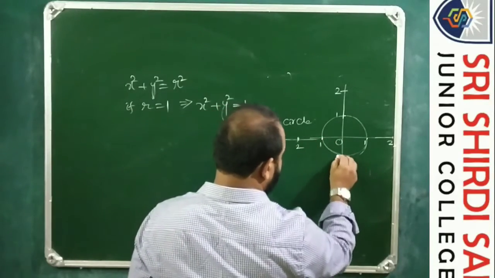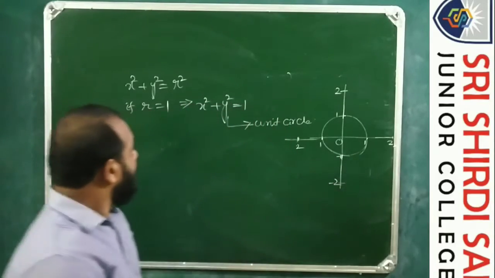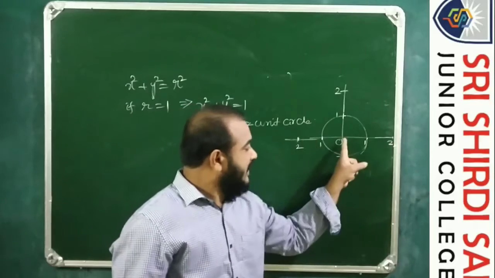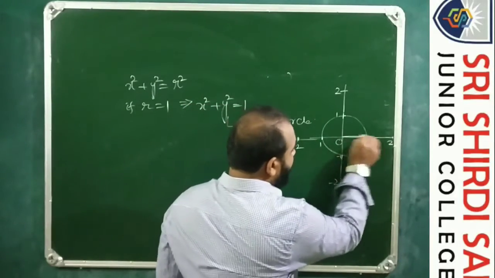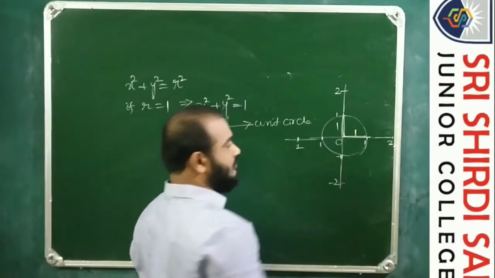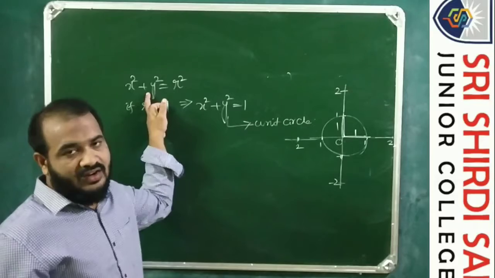This is 1, minus 1, this is minus 2. For this circle, the center is still at the origin and the radius is 1. So such a circle is said to be the unit circle.